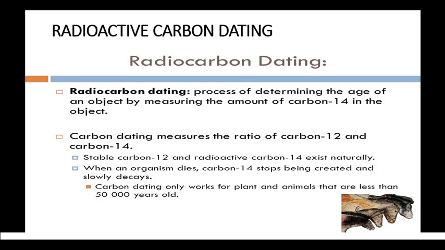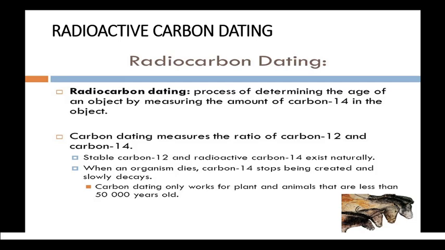By measuring this ratio, we can calculate the age of an object. And this carbon dating only works for plants and animals that are less than 50,000 years old.